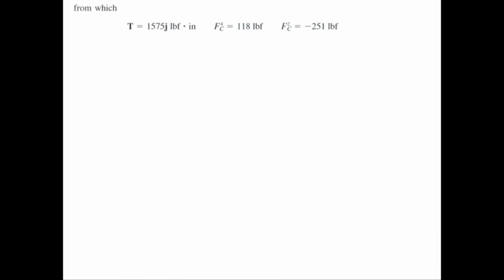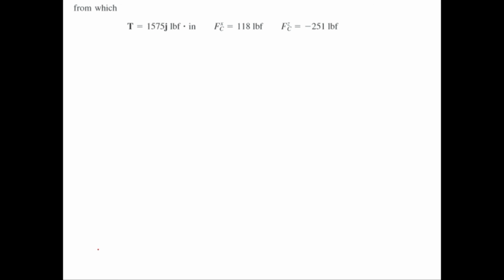So T equals to 1575 lbf into inch, FCX equals to 118 lbf, FCZ equals to minus 251 lbf. So the direction that we took for FCZ was wrong, it is in negative z direction. Now we have to find forces at D and FCY also.